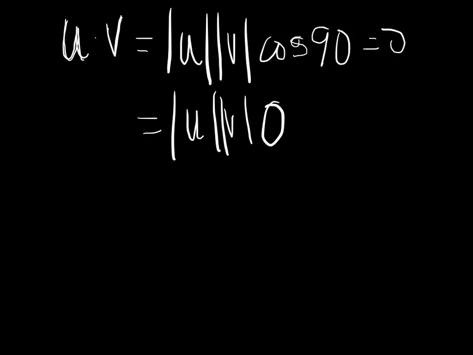So 0 times the magnitude of u and v is going to be 0. That means that vector v and vector u are orthogonal, which is another word for perpendicular, if and only if their dot product equals 0.